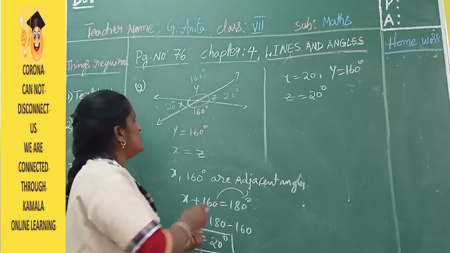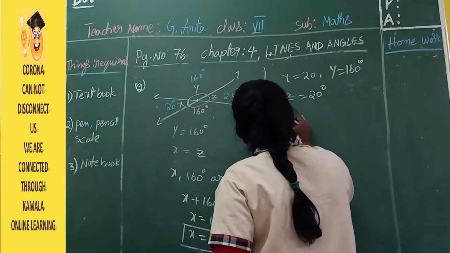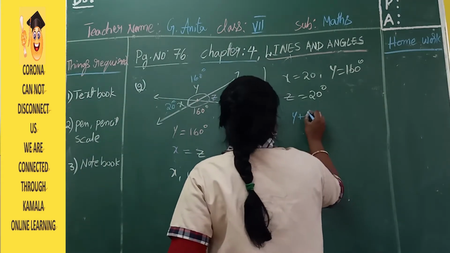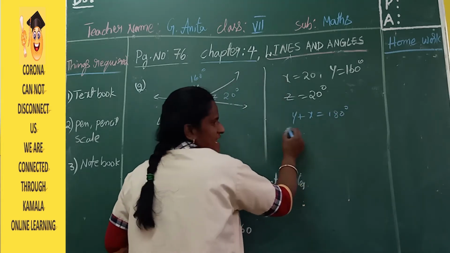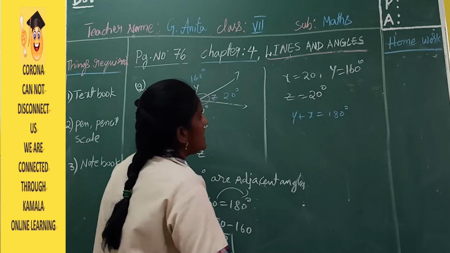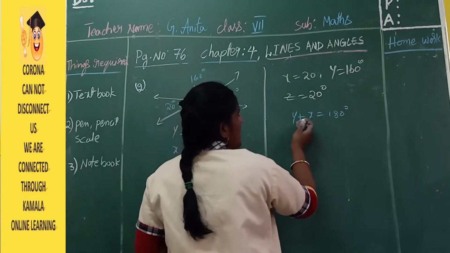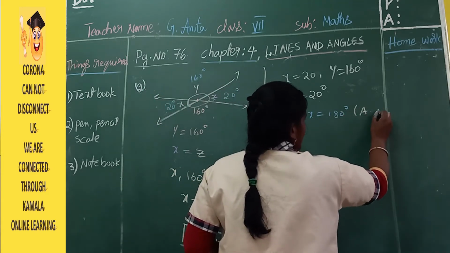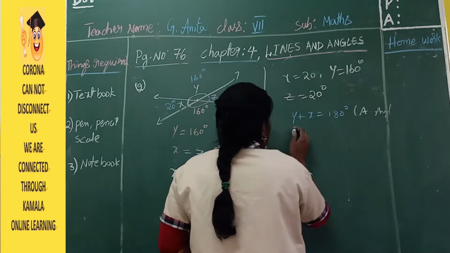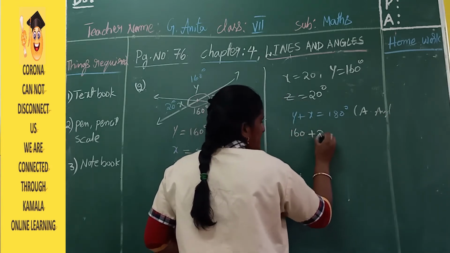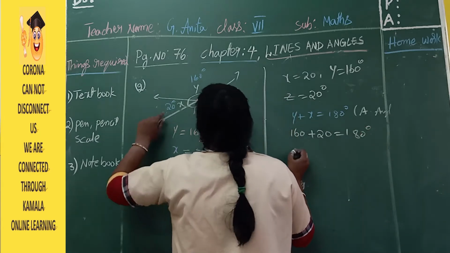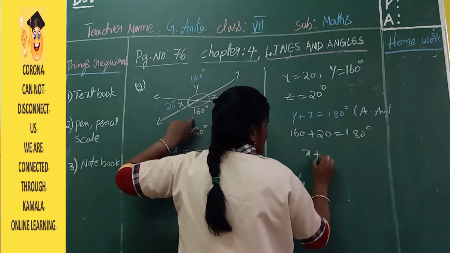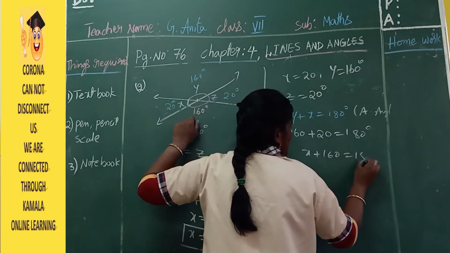Got it, students? Should I write it here? So y plus x is equal to 180 because they both are adjacent angles. So 160 plus 20 is 180. Next, x plus 160 is equal to 180.